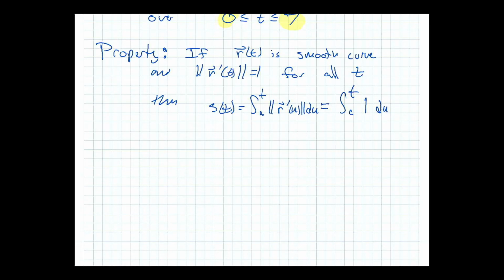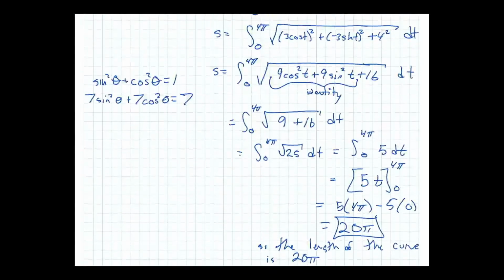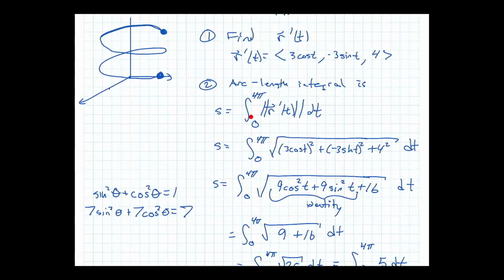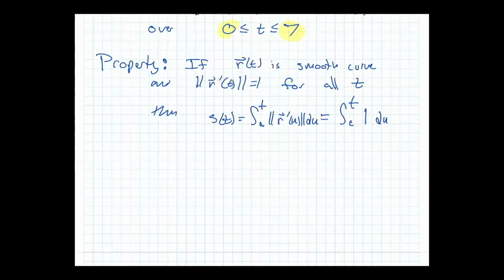So remember, the arc length integral had this magnitude of r prime, like we saw in our example. Now, what we said here was we just had a magic r prime where the magnitude was always 1. So if the magnitude is always 1, we just replaced it with 1.